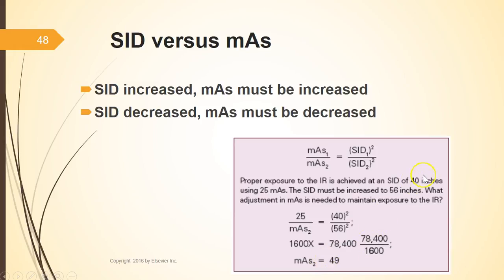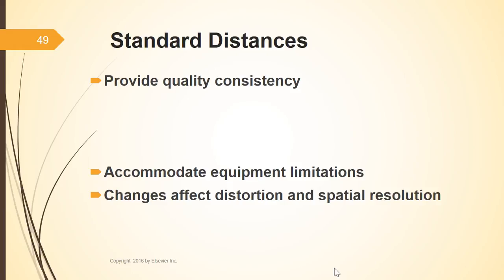So when you go from 40 inches to 56, you're almost doubling your mass. And I don't want you to remember that. I want you to remember the formula, but also know that you just have to increase your mass to maintain density.